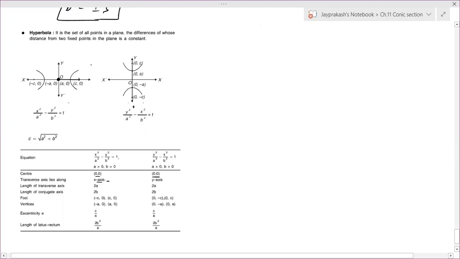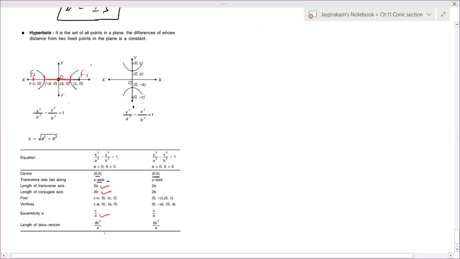Transversal means the axis on which the hyperbola lies is called the transversal axis. Then the length of the transversal axis means the distance between the two vertices. The difference from this vertex to that vertex is 2a, so we have written 2a here. Then the conjugate axis, the distance of the conjugate axis, the portion taken along the y and y-dash axis, is 2b. Then the foci, minus c comma 0 and c comma 0, these are the two foci, F2 and this one is F1. Then the eccentricity, same as an ellipse, c by a.